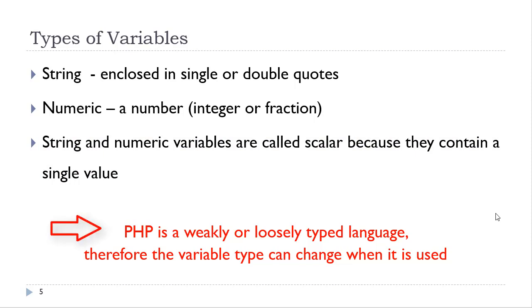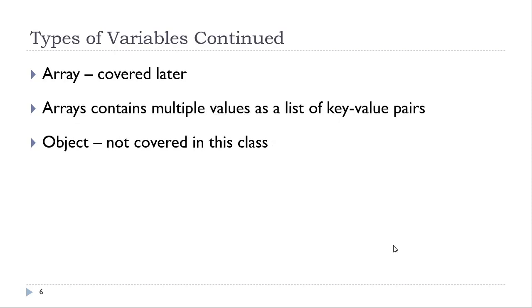I would also like to point out that PHP is a weakly or loosely typed language. Therefore, the variable type can change when it is used based on how you use it. We also have array variables, which contain multiple values, and object variables, which are not covered in this class. We will look at arrays later.